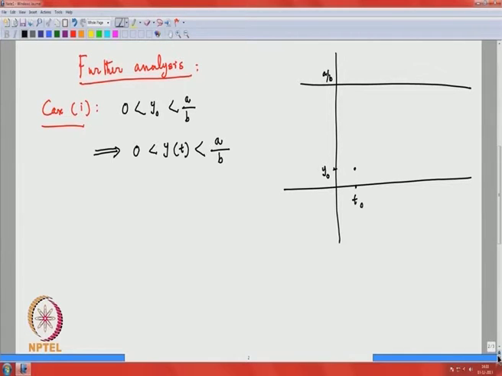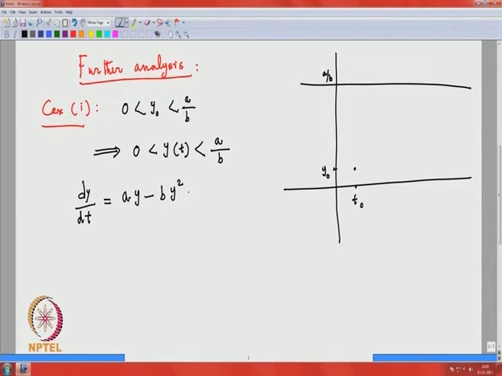We want to understand how the shape of the curve is. Let us try to understand the curve better: you have to understand its derivative, you have to see the sign of its derivative. dy by dt is equal to a y minus b y square.